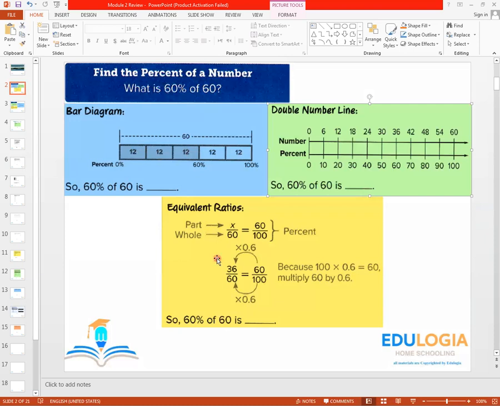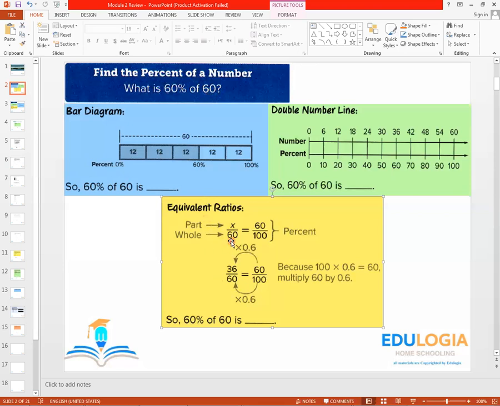Okay, what about you don't need a double number line or bar diagram. You can make equivalent ratios. For example, here, 60%, it's 60 over 100, and the 60 represents the whole number.